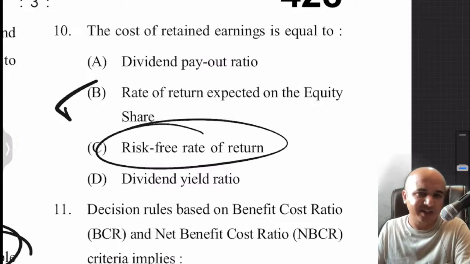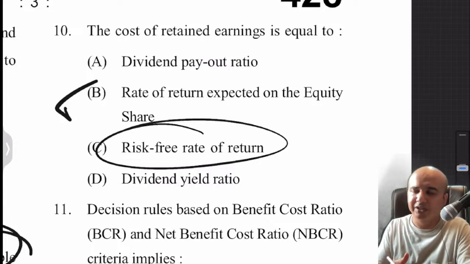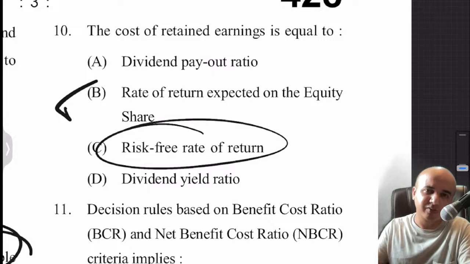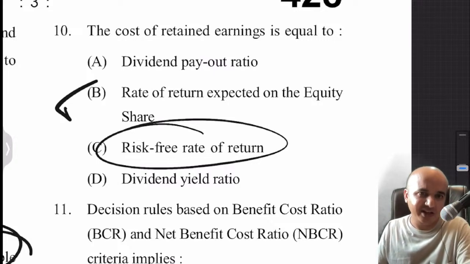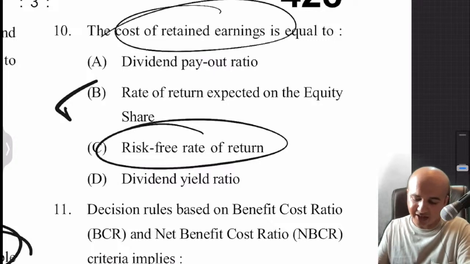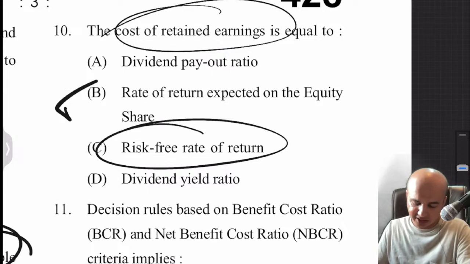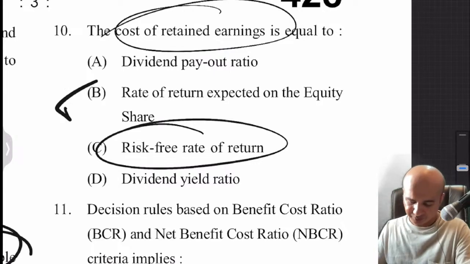And dividend yield ratio is nothing but the ratio of dividend per share to the market price per share. What is the market price and what is the dividend which the company is declaring? So it also doesn't talk about the cost of retained earnings. So that's about question 10.